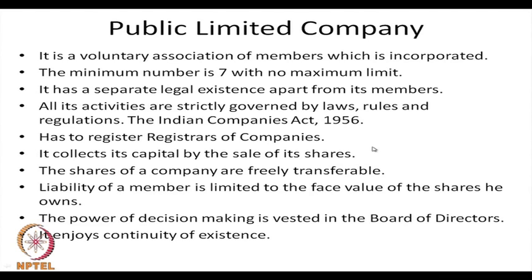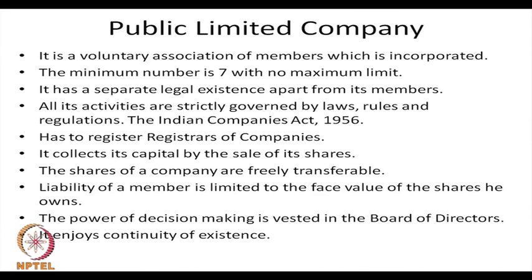Now, we talk of a public limited company. A public limited company is also a voluntary association of members. The minimum number of members is 7, whereas in a private limited company it was 2.